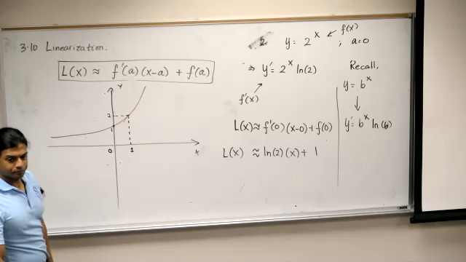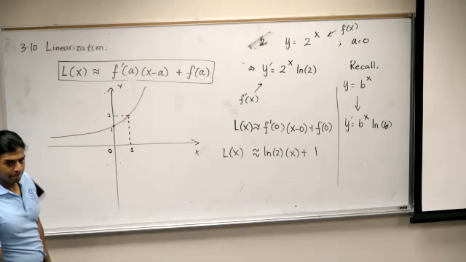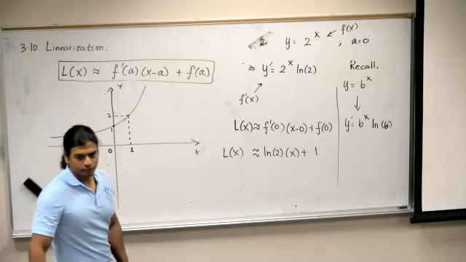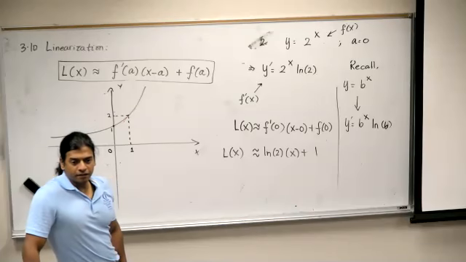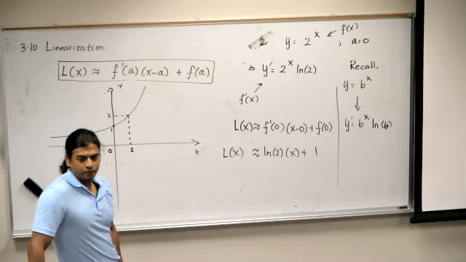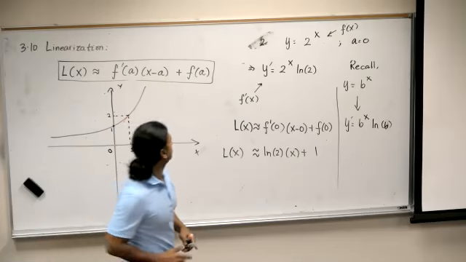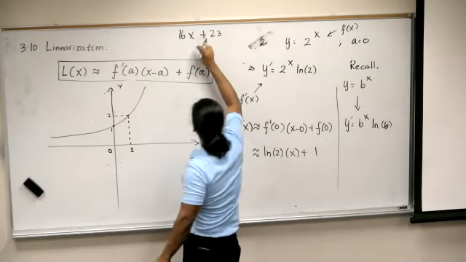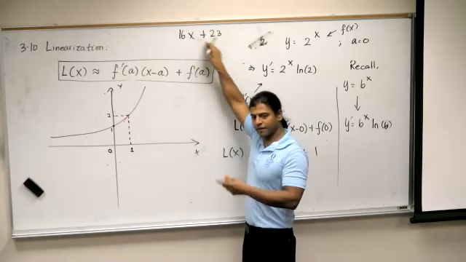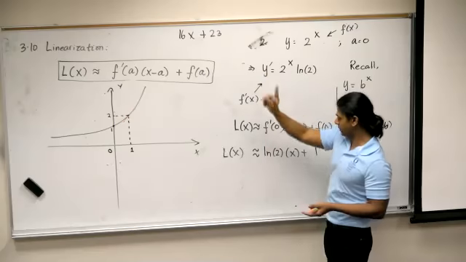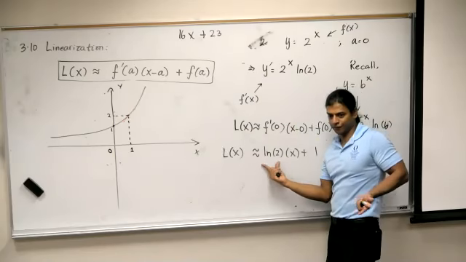Do we add the 1 to the ln of 2? So why didn't we do the same thing with last time, when we had 16x plus 23? We plugged in values here and we added 23 to it. In this case, instead of 16, I had ln of 2.